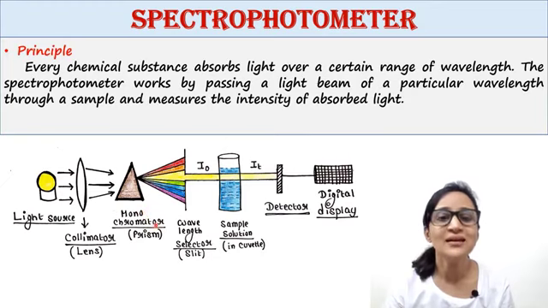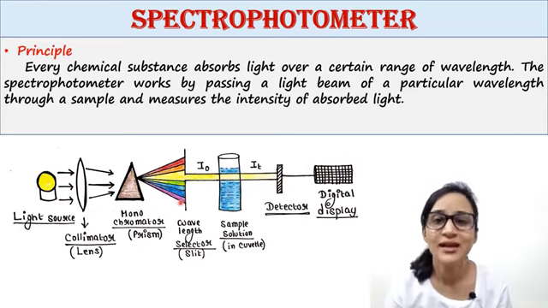Now the monochromator is basically a prism which splits light into several component wavelengths, or you can say spectrum, because this is the function of a prism.